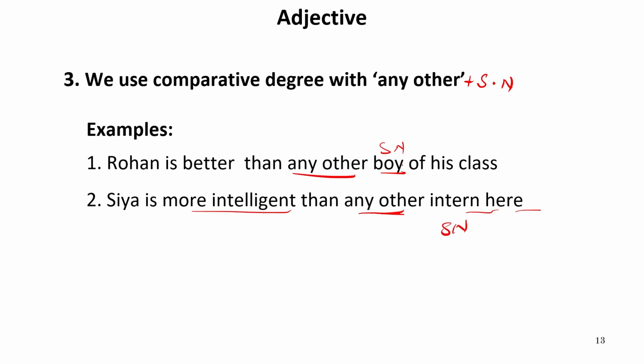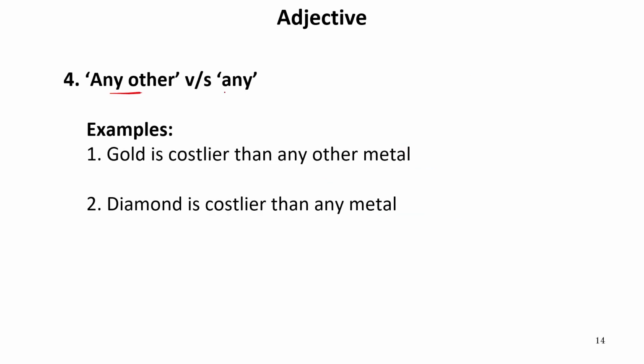Now let us move further. Any other versus any. Now this one is very, very important. Suppose we compare within the same category. Whenever we compare within the same category, we use any other. And if we compare between different categories, we use the word any.